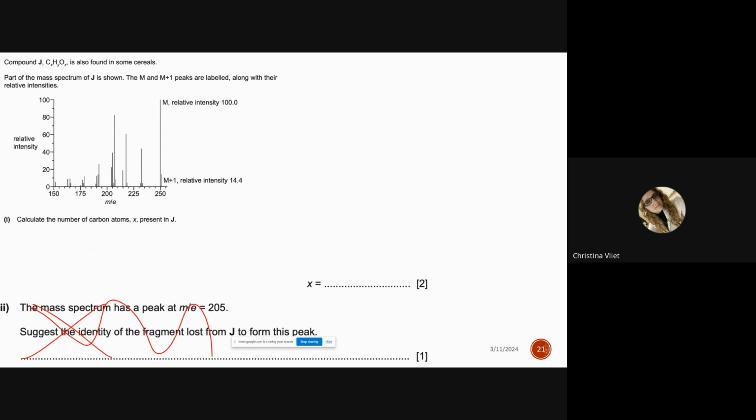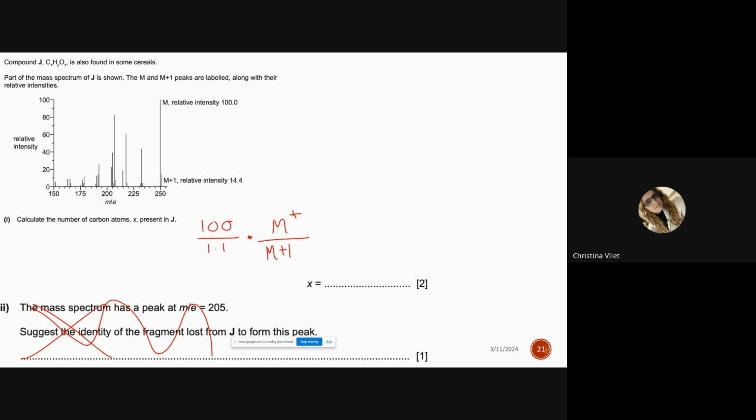Part 9. Number of carbon atoms. There's a formula you need to memorize: 100 divided by 1.1 times M plus over M plus 1.